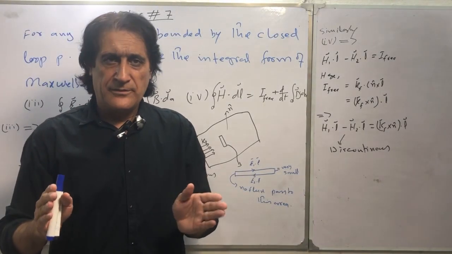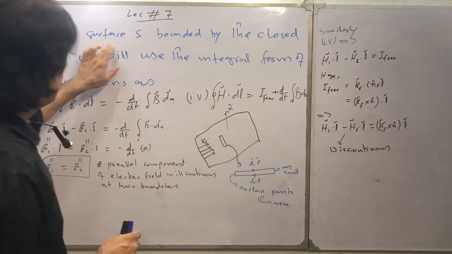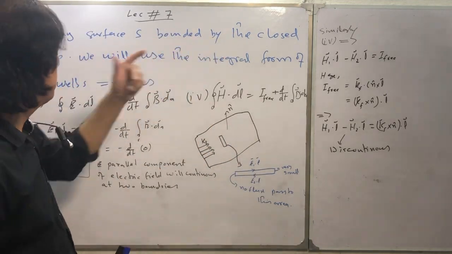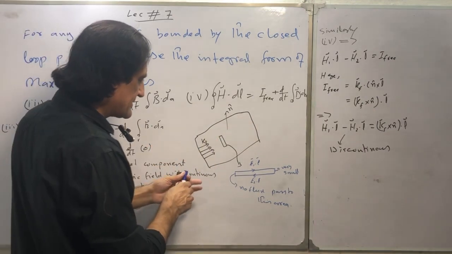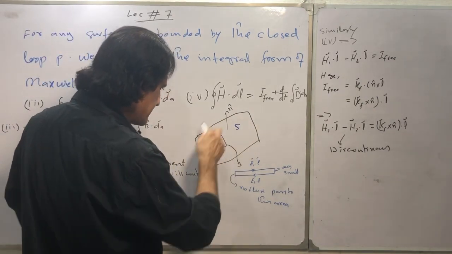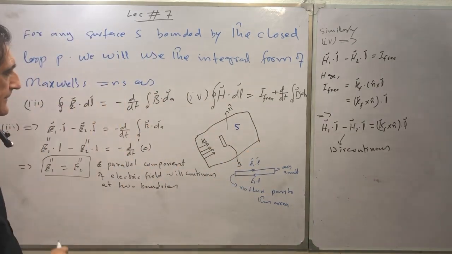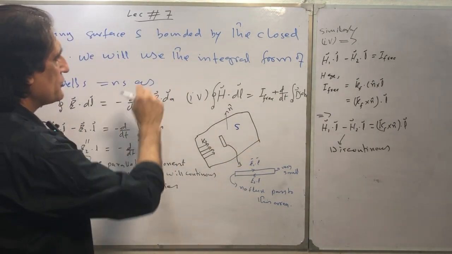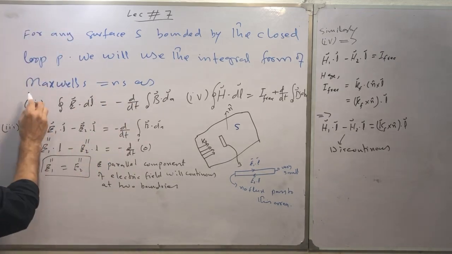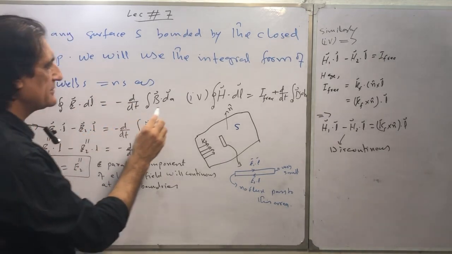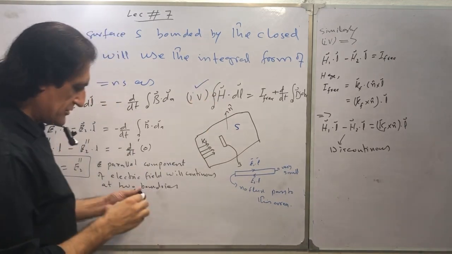Now, for any surface S bounded by a closed loop P, we will use the integral form of Maxwell's equations, the third equation and the fourth equation.